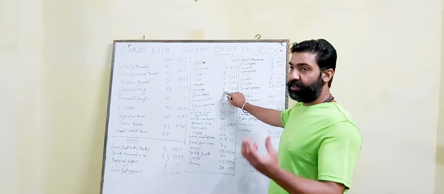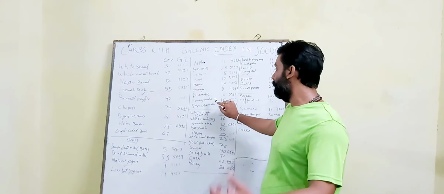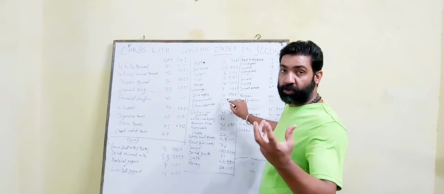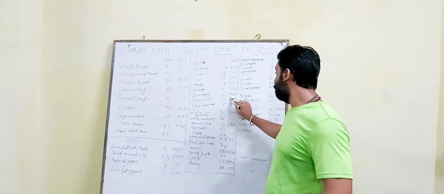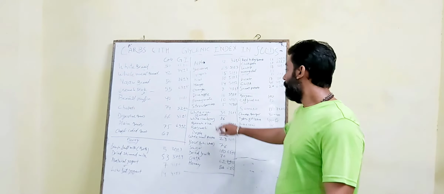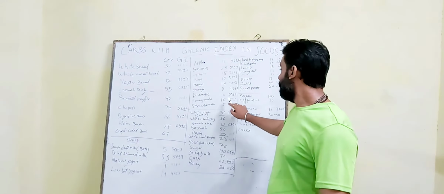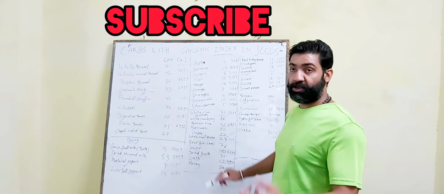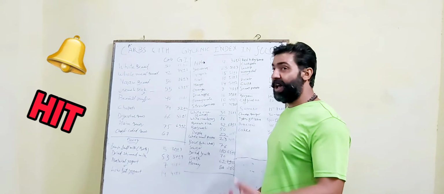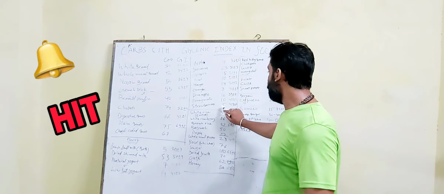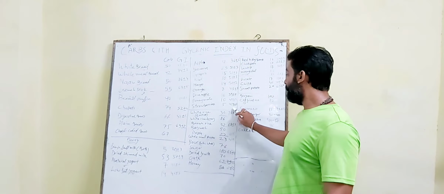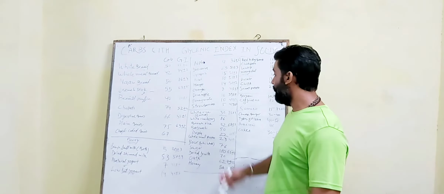Oranges have 8 grams of carbs and a GI value of 43. Pineapple has 10 grams of carbs and a GI value of 59. Pomegranate has 10 grams of carbs and a GI value of 45. Strawberries have very few carbs, 5 grams, and a GI value of 49.